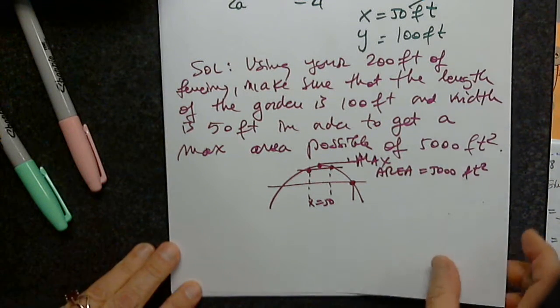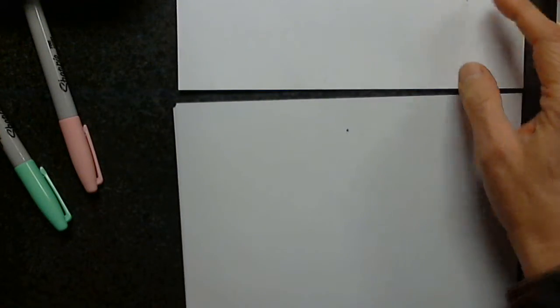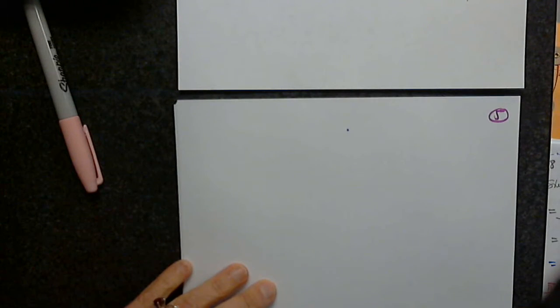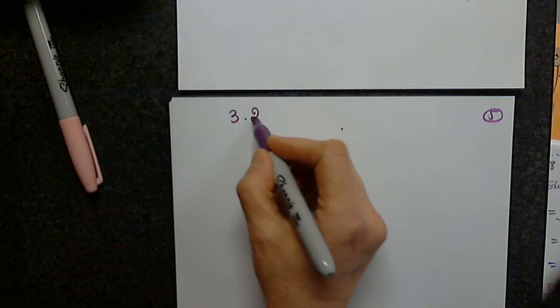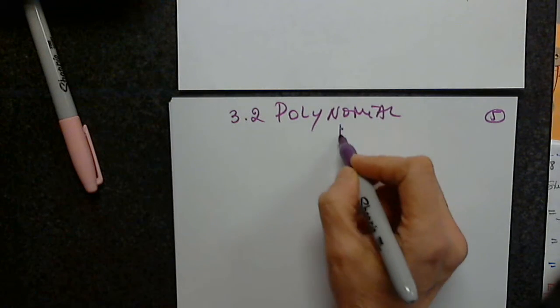But the first time, I have a lot to say. So in section 3.2, please bear with me and pay attention. We're going to have enough examples, but the first one will be long because I have a lot of things to tell you. So section 3.2, polynomial functions.